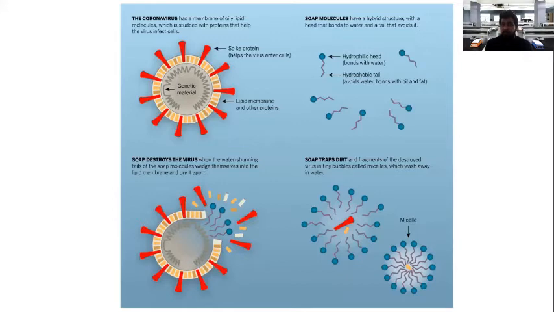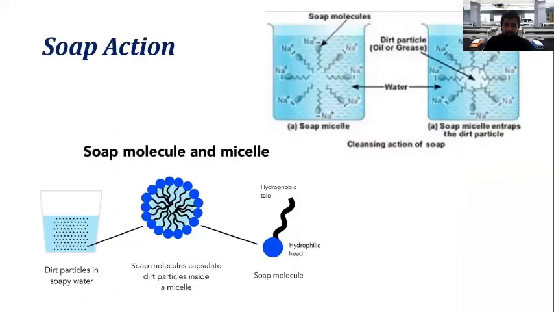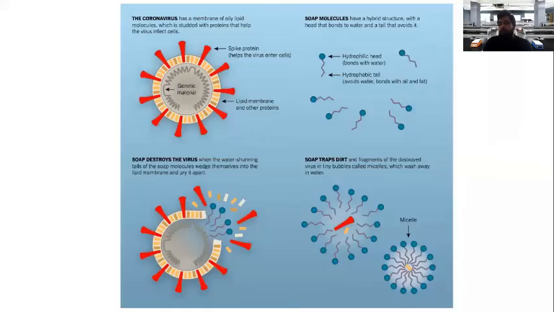Surfactant means a molecule or compound which can interact with the polar phase as well as the non-polar phase. That's quite obvious because soap contains a hydrophilic component as well as a hydrophobic component. So that's the action of soap in forming emulsions as well as protecting against COVID-19.